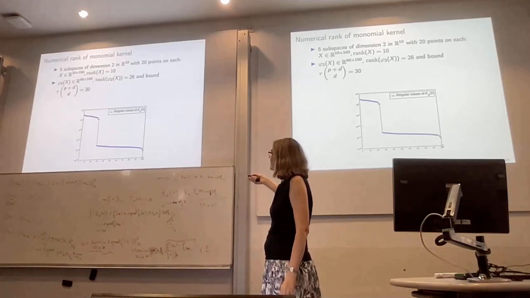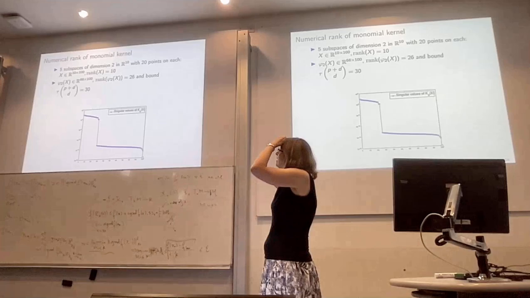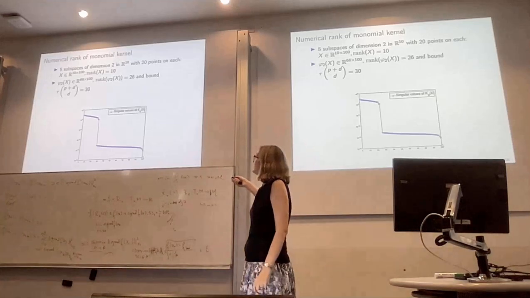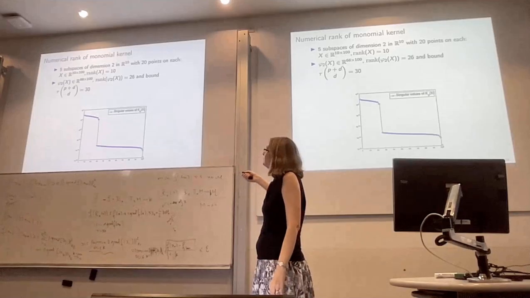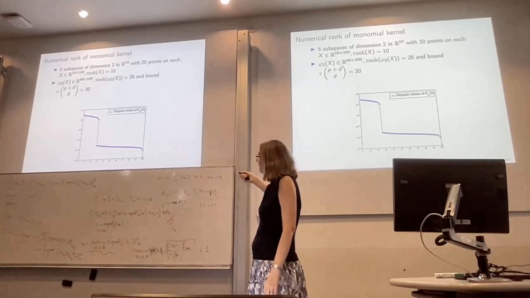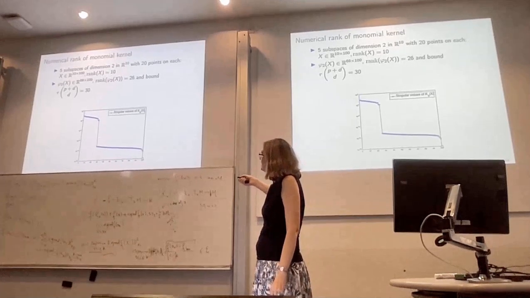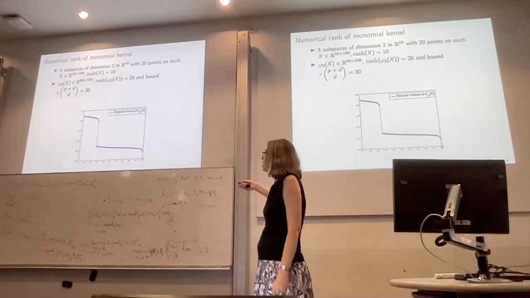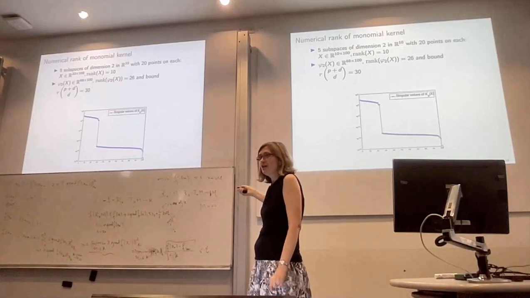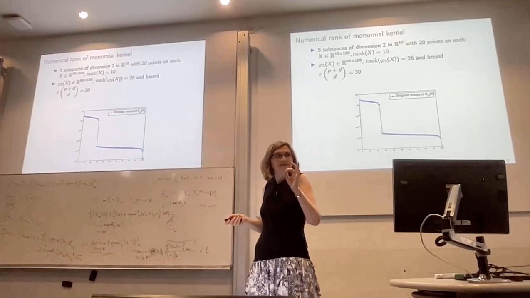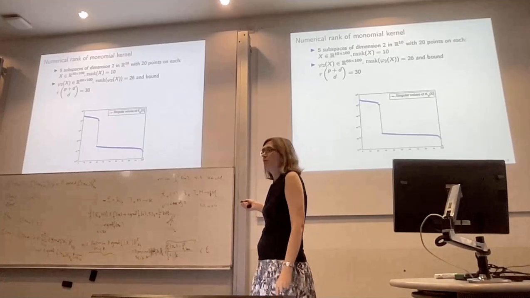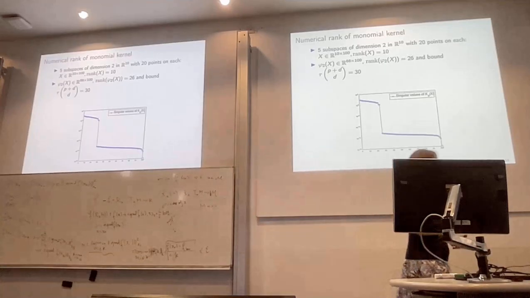The rank should be the whole dimension, which should be like 100, and you are in R10. But the rank here will be like 26. So you have 26 large singular values, and then you have a big drop, and the rest of them are at machine precision. We don't necessarily say it's going to be precisely rank 26, but it's going to have a big drop. So it does have numerically small rank.